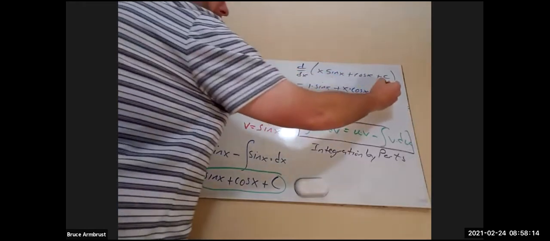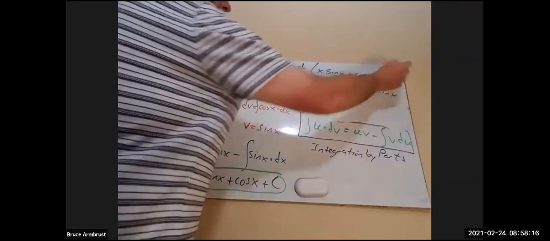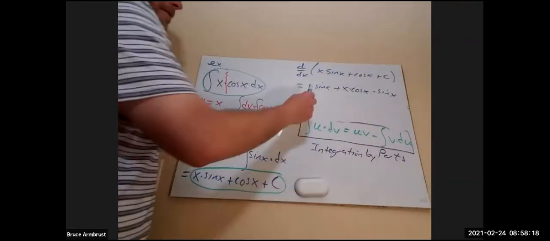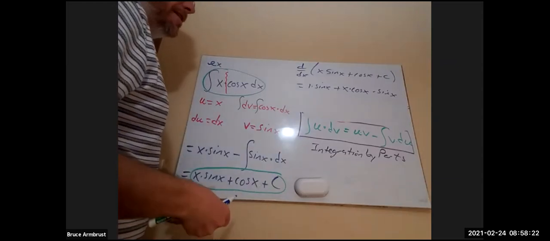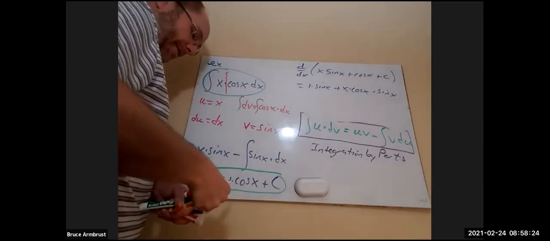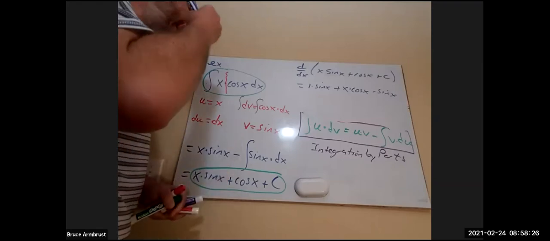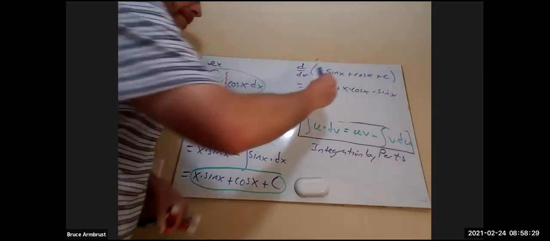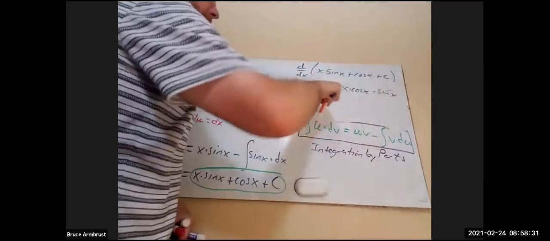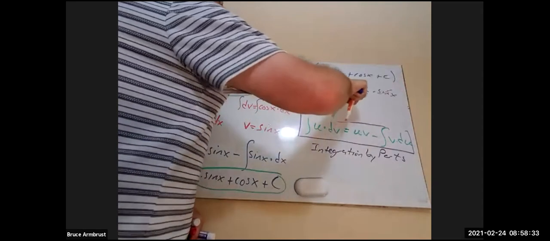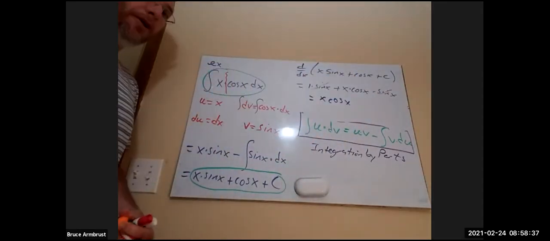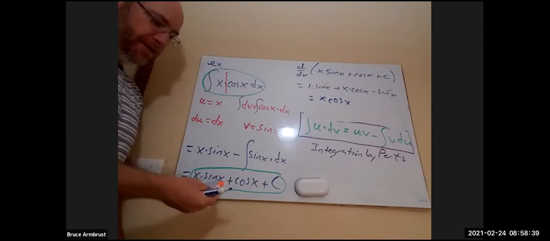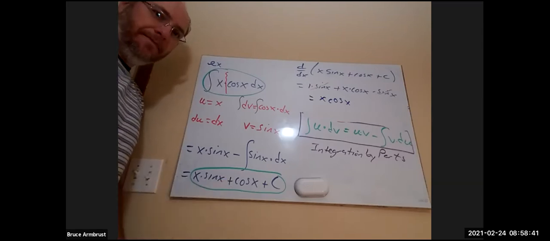The derivative of cosine is a minus sine. And of course, the plus c goes away. We see that the sine and the minus sine cancel each other out. Now we're left with x cosine of x, which is what we started with. And so boom, I know for sure this is the antiderivative and that I got it right.